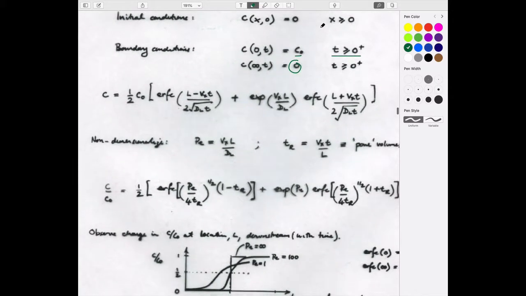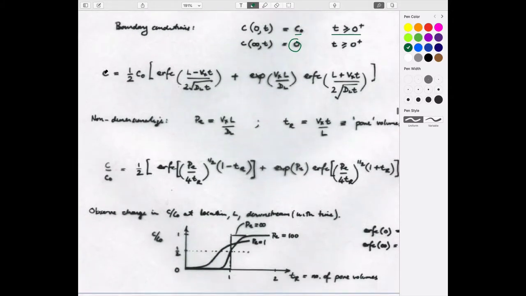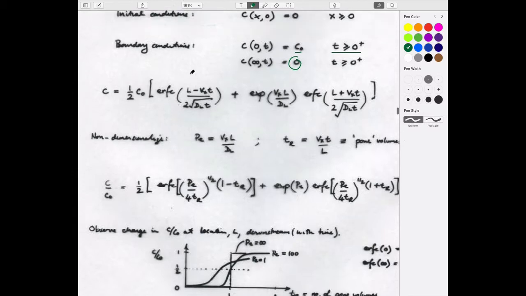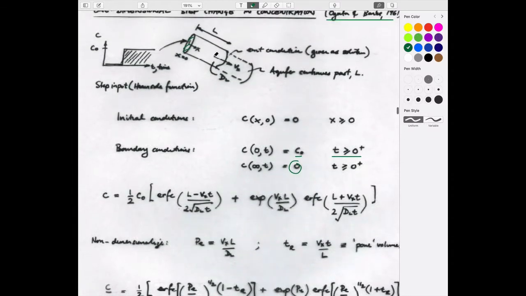It defines the concentration at any point as a function of the initial concentration you apply. So if it's 1 milligram per cubic meter, then that would be C0. And as a function of a number of variables. The length downstream, so in other words, this is defining the behavior at this location L. Of course, you could replace that with some value just here.